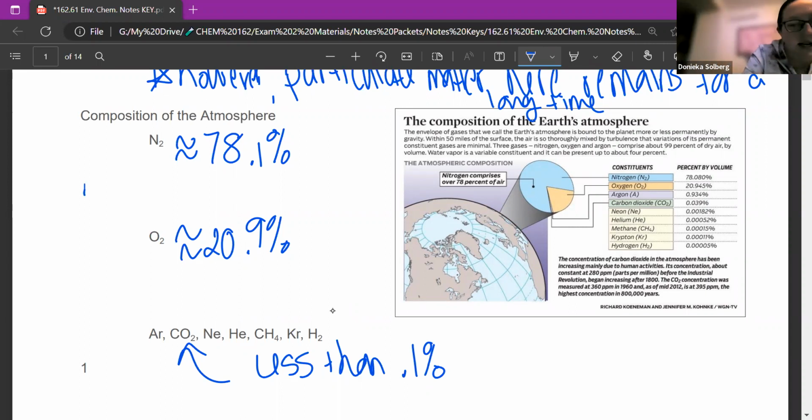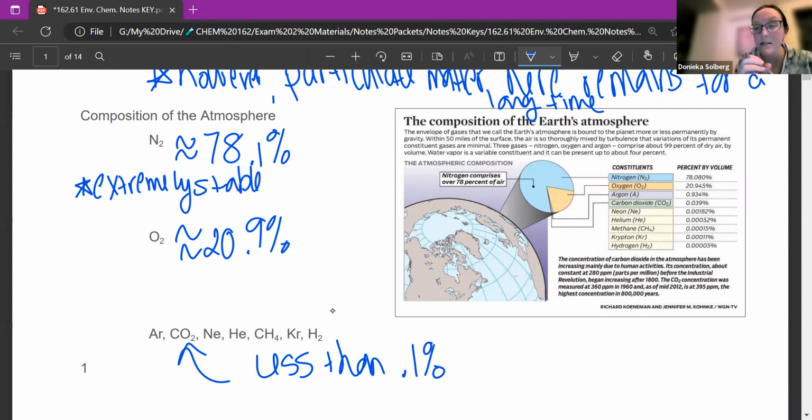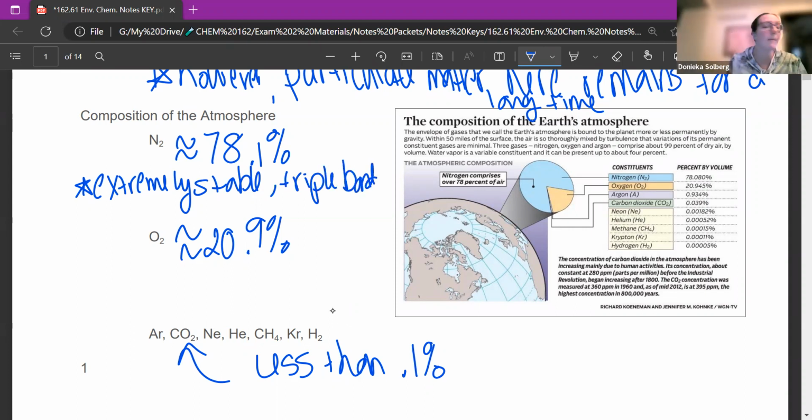It is extremely stable, especially because of its triple bond. Triple bonds are way stronger than double or single bonds, and it's actually much shorter. So it's very unreactive. It takes a lot of energy to break those bonds.